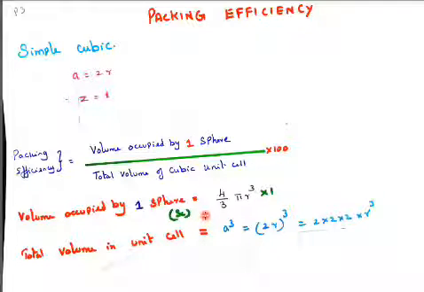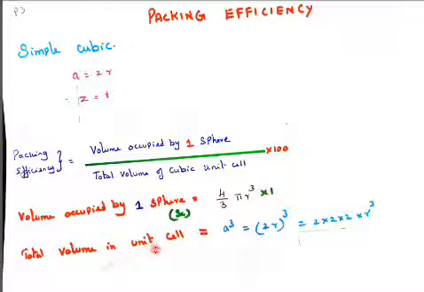So one sphere means only one sphere, not one triangle or rectangle. It is only one atom in simple cubic, so the volume is 4 by 3 pi r cubed for one atom.